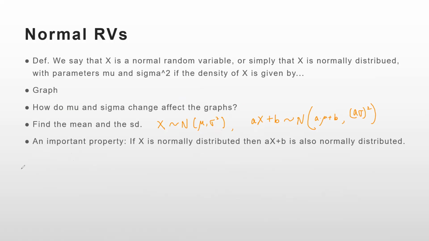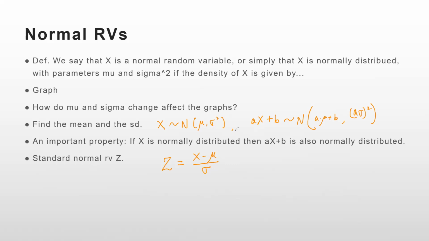So based on this property, we have the standard normal random variable. How can we get that? We define Z, which is the standard normal random variable, to be X minus mu over sigma.